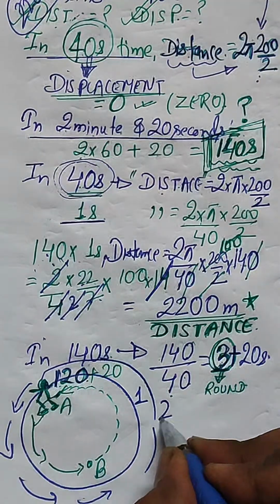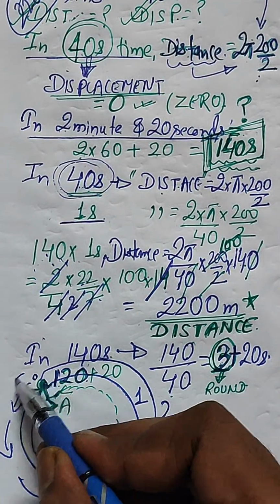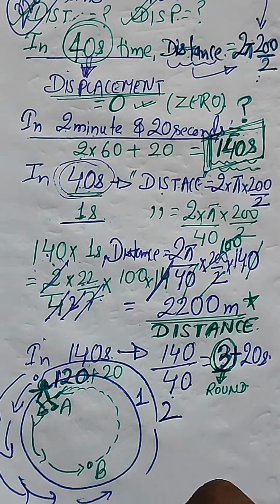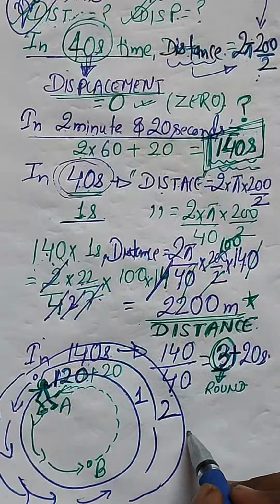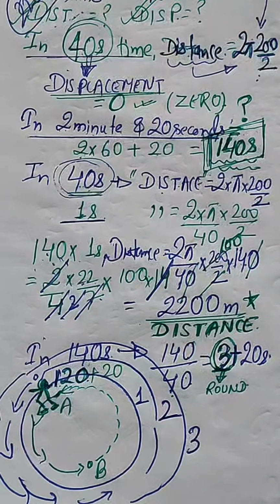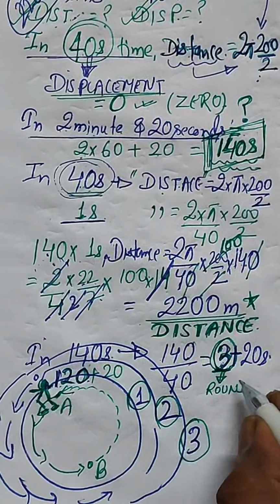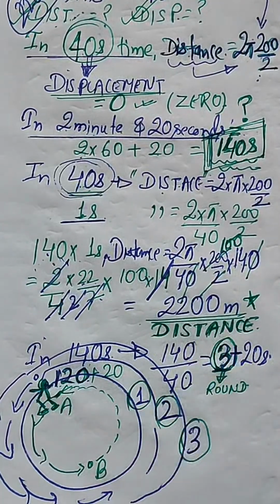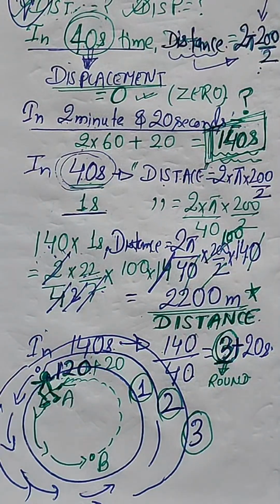So that is round number 2, right? And again, after reaching A, he continues and he just completes the third round. That is round number 3. So here you can see 3 rounds are completed in 120 seconds, isn't it?